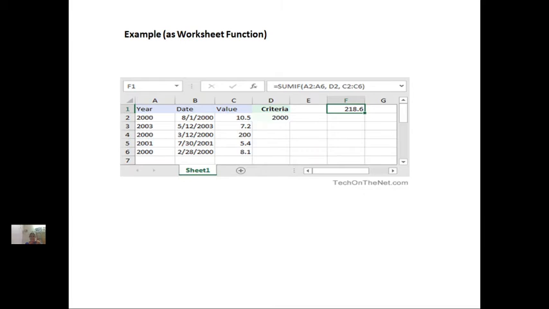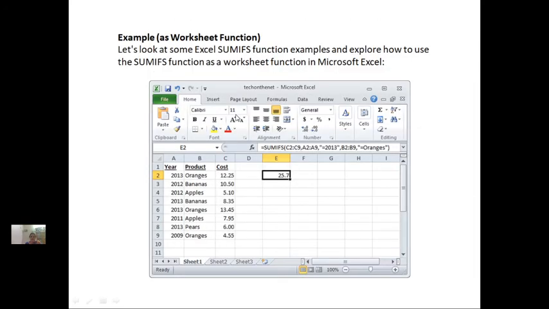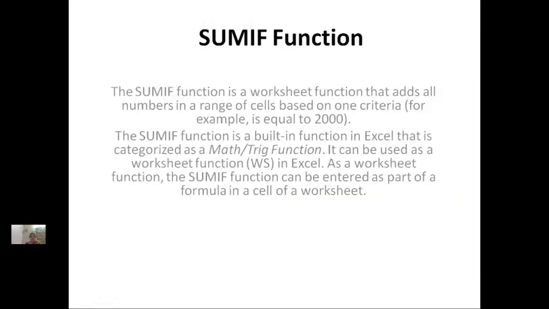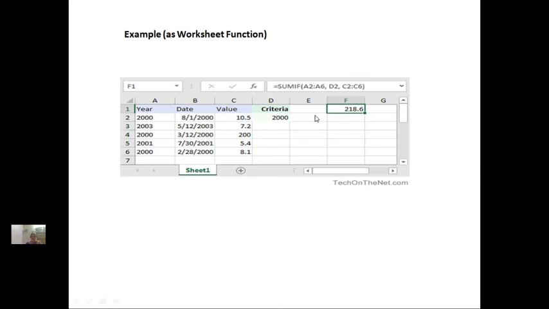Then C2 colon C6. So what is being compared? A2 colon A6 is this one, and here C2 colon C6 is 10.5 to 8.1. He is taking these and getting the output where criteria is 2000.